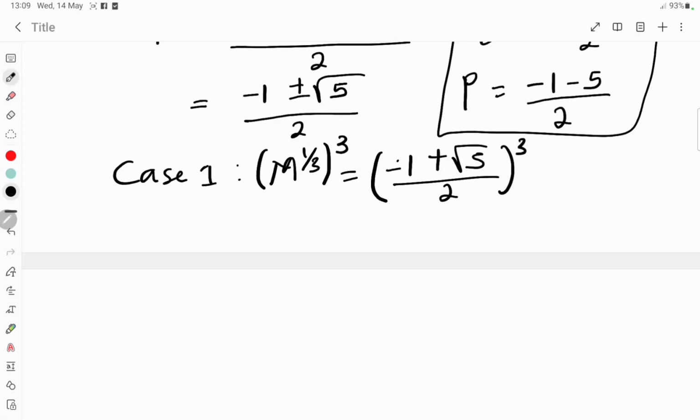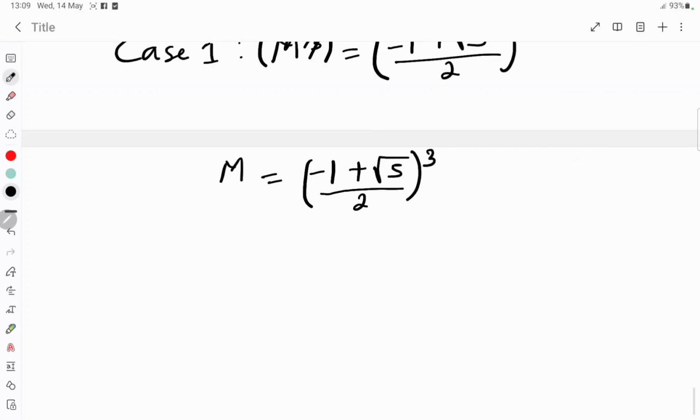So that if you raise both sides to the power of 3, this will now cancel out. You see that m is equal to ((-1 + √5)/2)^3. So the next thing we have to do is to simplify this.